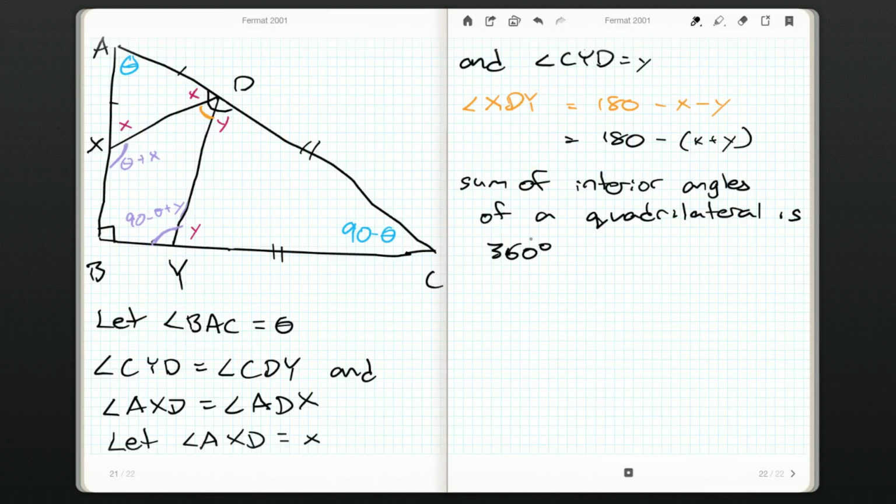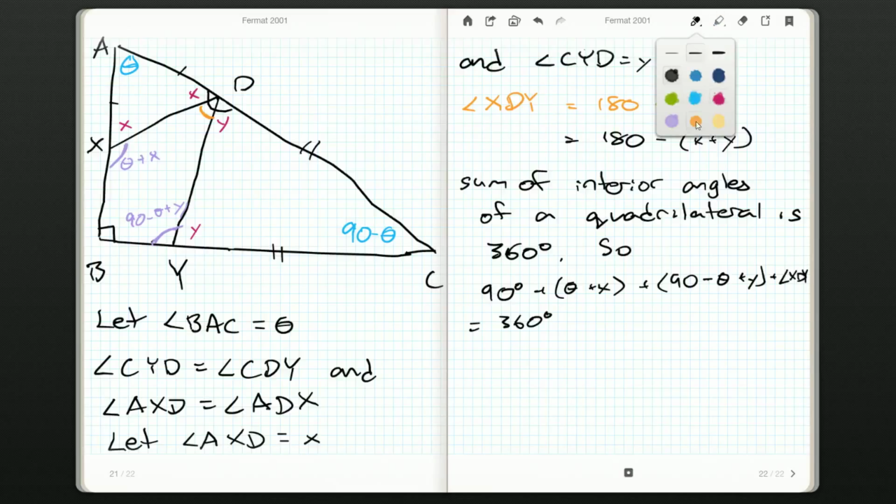You're always going to get 360 degrees. So 90 degrees, which is our angle at B, plus our angle at X, plus our angle at Y, plus the other angle at D that we need, must be equal to 360 degrees.